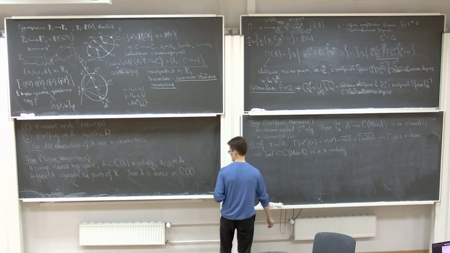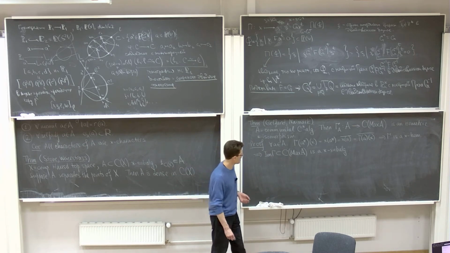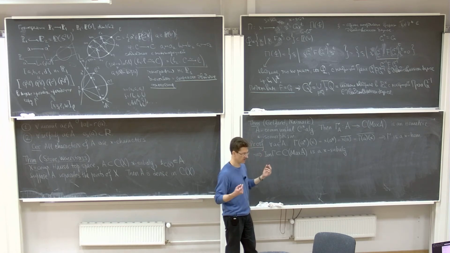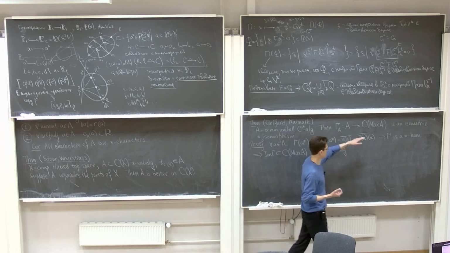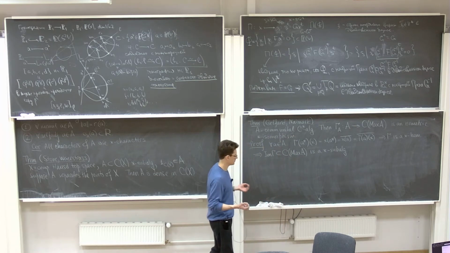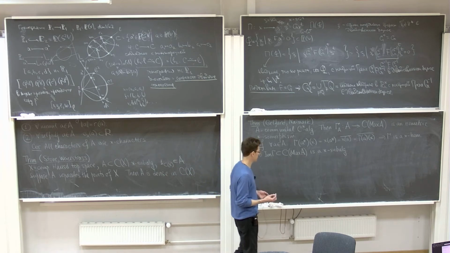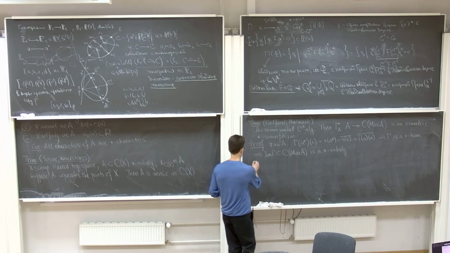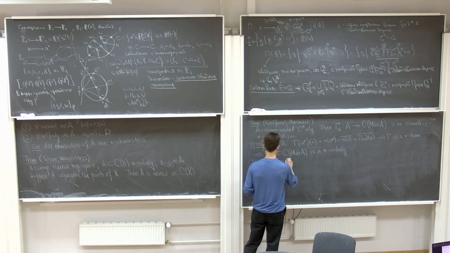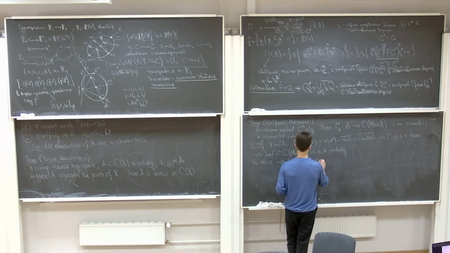It contains the function which is identically 1, because gamma is a unital homomorphism. And it clearly separates the points by the very definition of the Gelfand transform. If you have two different points, that is, two different characters, then they are different on a certain element of A, which means that the respective element in the image of gamma separates the respective points. So we apply the Stone-Weierstrass theorem, and we conclude that the image of gamma is dense in the algebra of continuous functions.